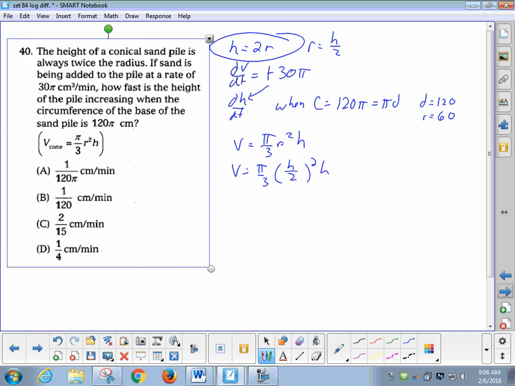If you put that in, you get the volume as pi over 12 h cubed. Do your calculus. Okay? There's such a rush to get to the calculus that you make the problem a little bit hell. The expectation is that you do a ton of work up front, then do the calculus so the calculus goes smooth. If you try and differentiate it, you've got to use the product rule. It's a mess. Please, I beg you, get it down to 2 variables if you can.